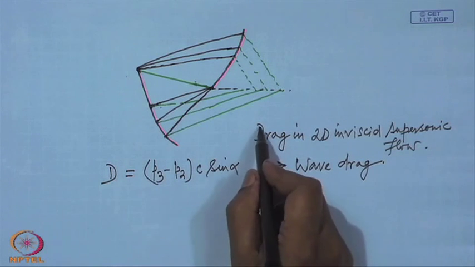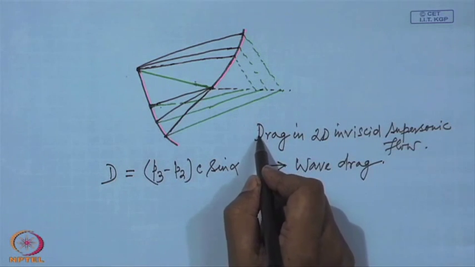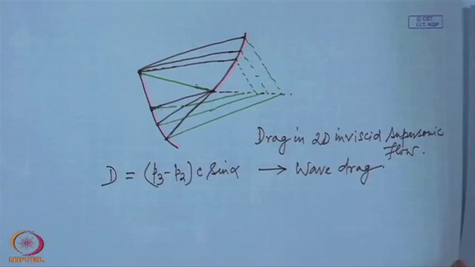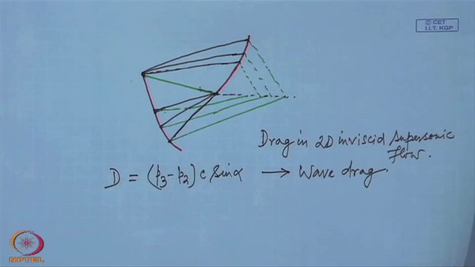So, this is a special feature of supersonic flow that there is a drag even in 2 dimensional inviscid flow, and this drag is called the wave drag. This is due to the presence of waves in supersonic flow, this drag comes in, and this will always be present in a supersonic flow.